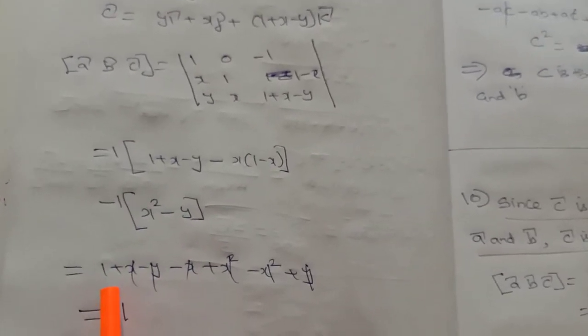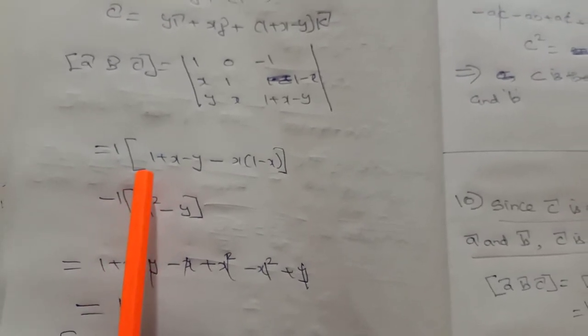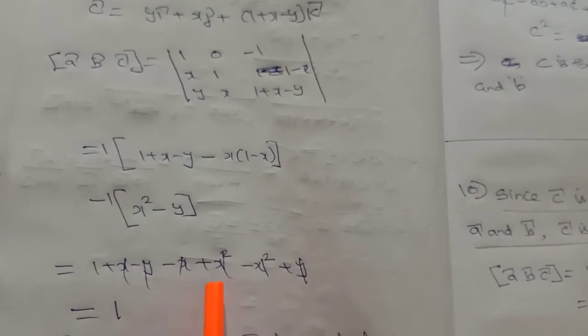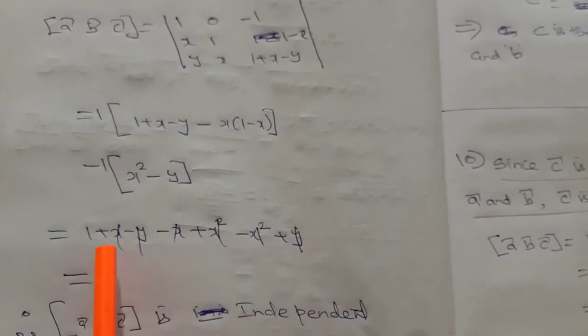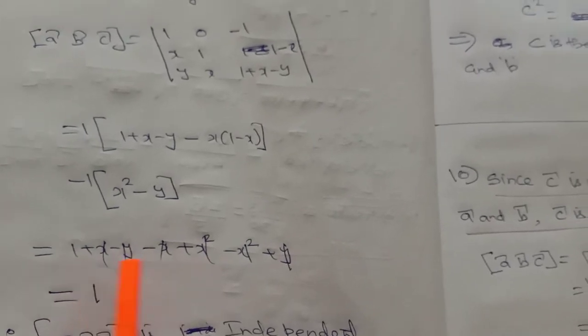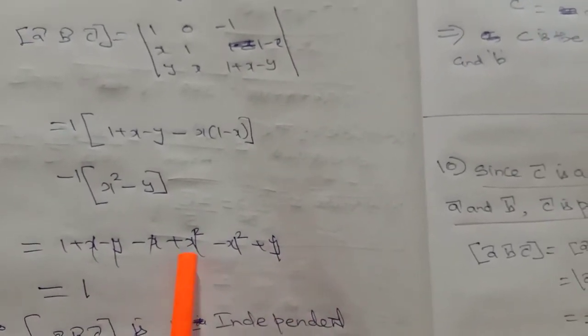So if you remove the bracket, what you are getting is 1 plus x minus y minus x plus x square, minus x square plus y. So here x and minus x cancel, minus y and plus y cancel, and x square and minus x square cancel.